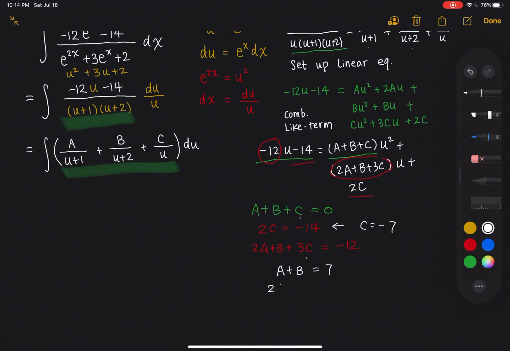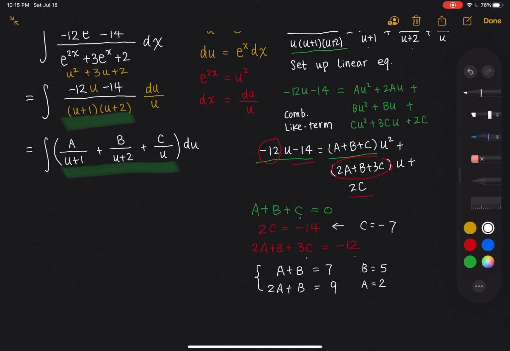Add 21 to both sides, so 2a plus b minus 21 equals minus 12, so this must equal 9. And how do you solve this system of equations? Well, you subtract the bottom equation from the first one, you will just get a equals 2, and then because a equals 2, b must equal 5.